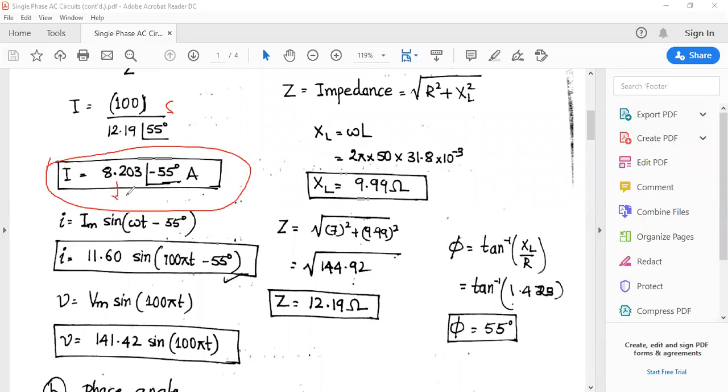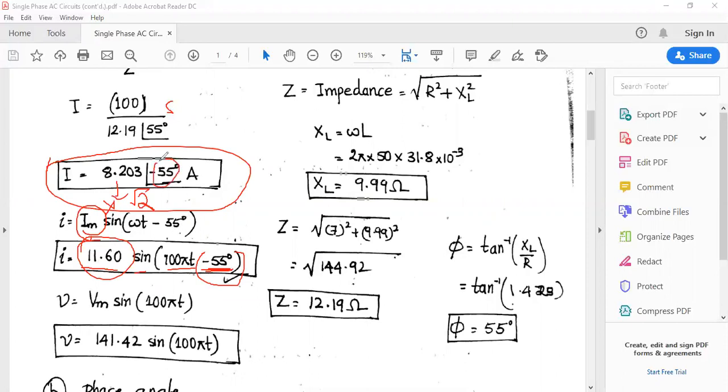From the RMS value of the current, if you multiply by root 2, you will get Im, which is the maximum value of the current, 11.60. So i is equal to Im sine omega t minus phi, where angle phi is minus 55 degrees.